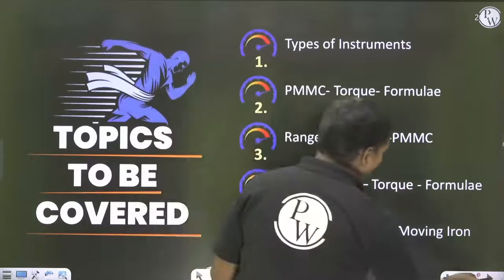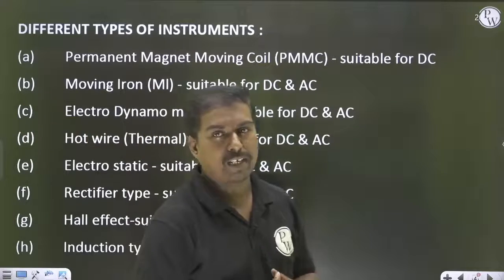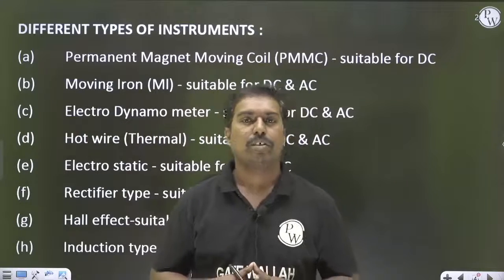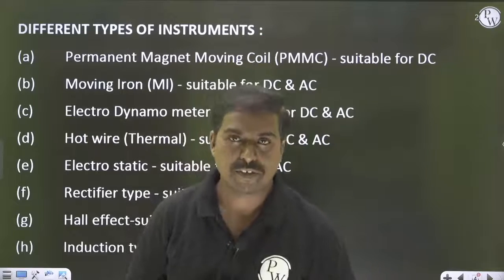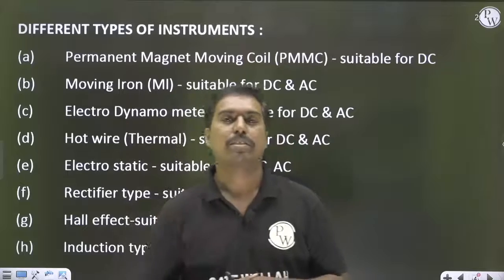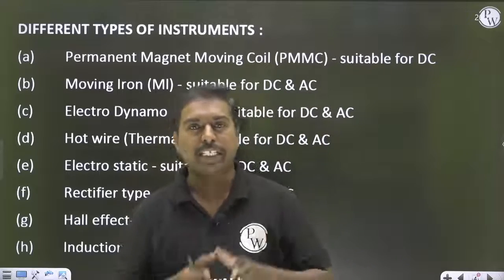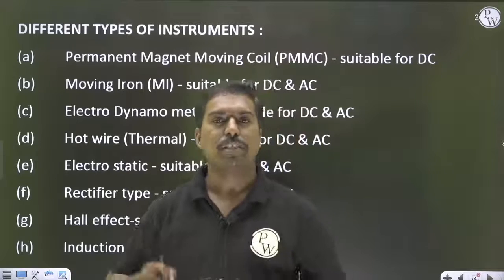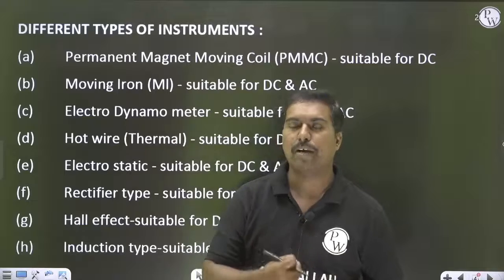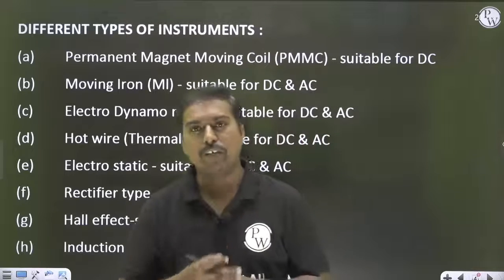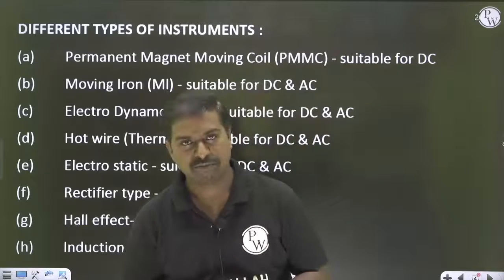First, types of instruments. Broadly speaking, instruments can be classified as indicating instruments, recording instruments, and integrating instruments. That is the basic classification. In indicating instruments, we have only the present value indication, which have the damper mechanism and the pointer mechanism.